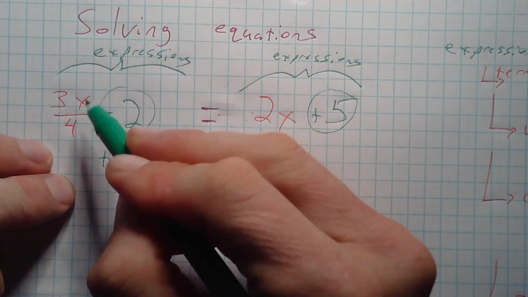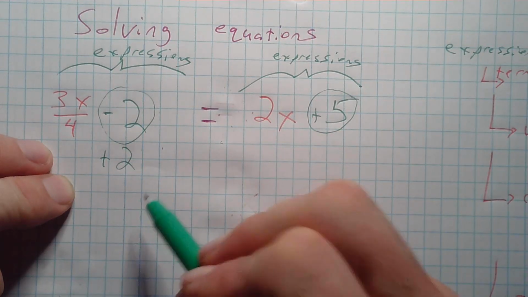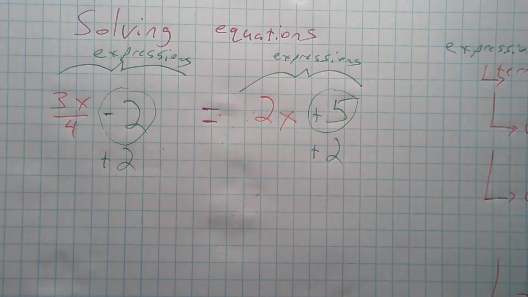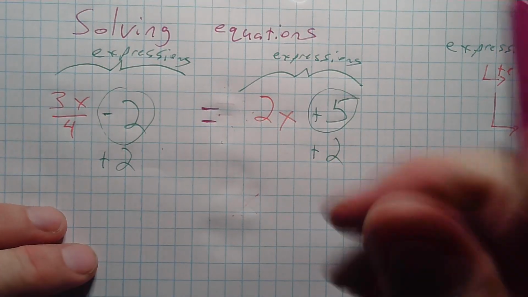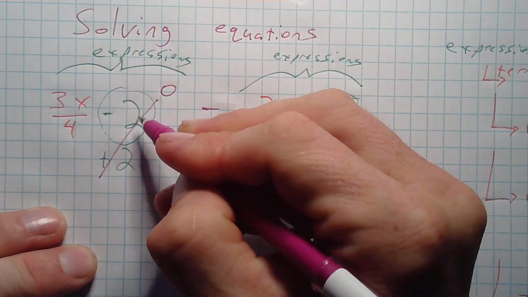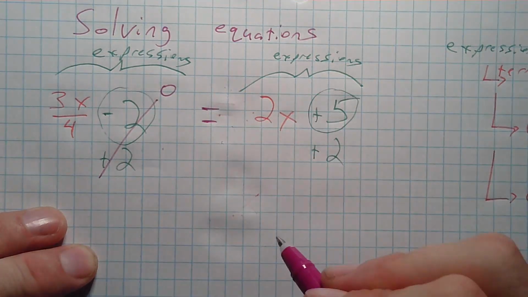But that just made this side of the equation too many, right? So I have to add 2 to this side as well. That will now eliminate the constants on that side, because -2 and a +2 combined make 0.